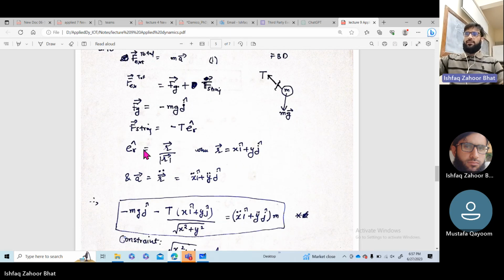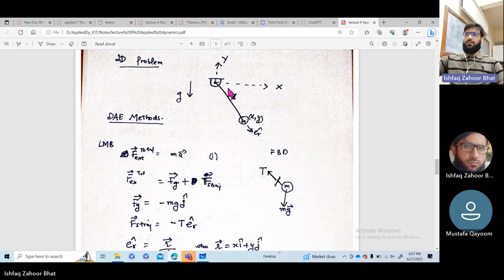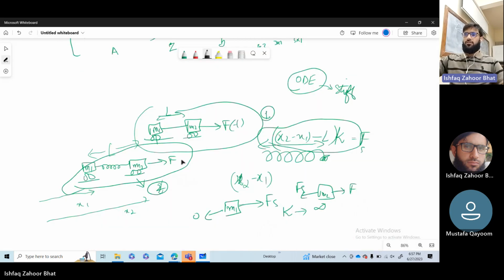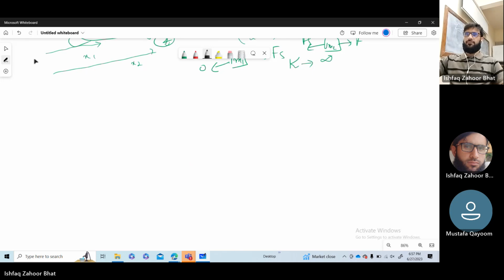Okay, now what is e_r? So e_r is basically nothing but the position vector direction of this mass. Let us go to the whiteboard. Okay, so we have this hinge point and we have this mass.